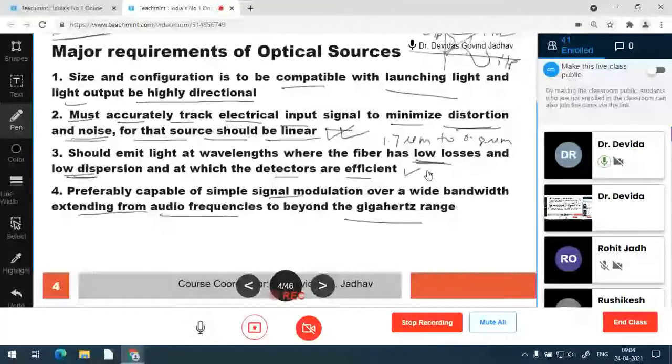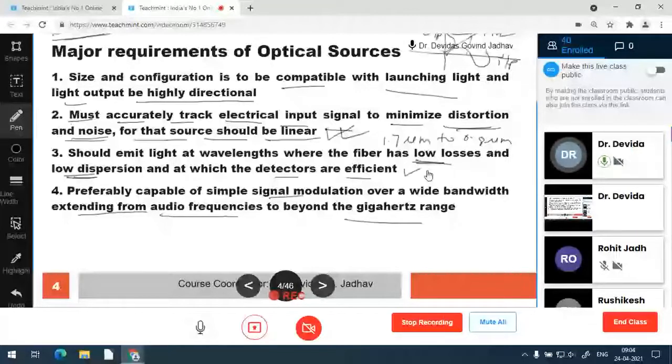So these are the major requirements of the optical sources. First, size and configuration should be compatible for launching the light, and the light should be highly directional. Second, the source must accurately track the electrical input so that minimum distortion and noise are introduced, and for that tracking the source should be linear.